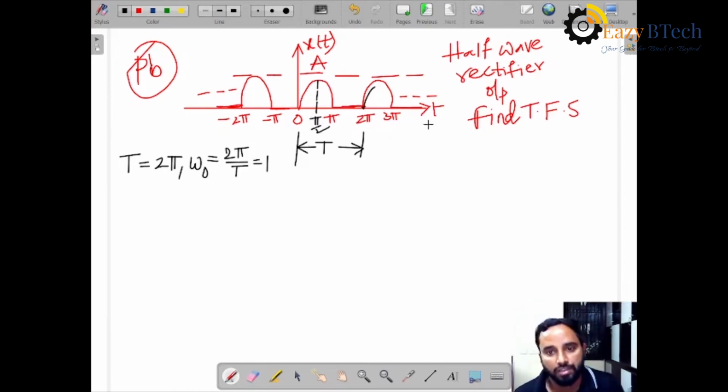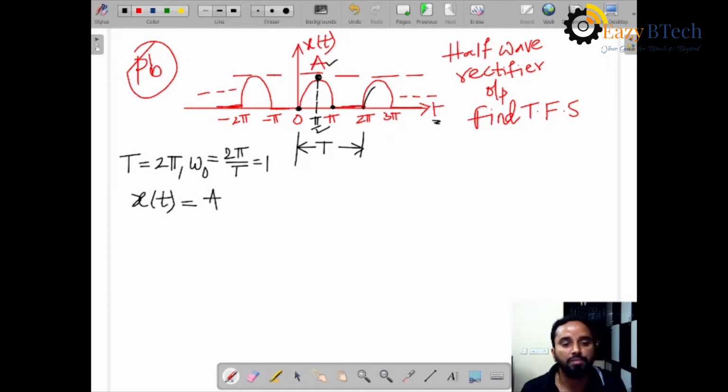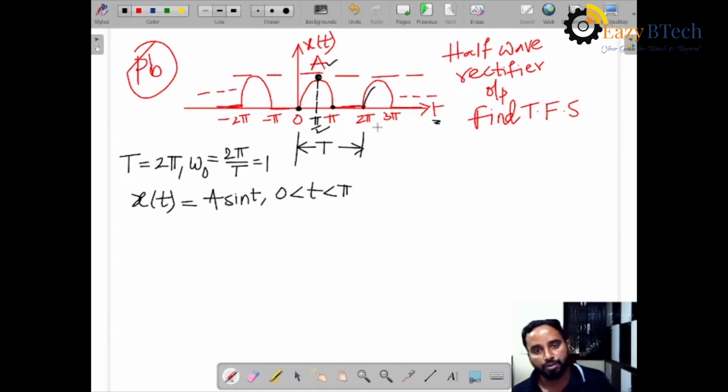If t is equal to 0, we have signal 0. If t is pi by 2, we have a. If t is equal to pi, 0. So this is satisfying a sine function with peak amplitude a. So a sine t, from 0 to pi. What about pi to 2 pi?